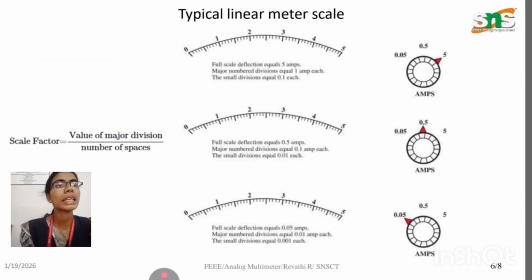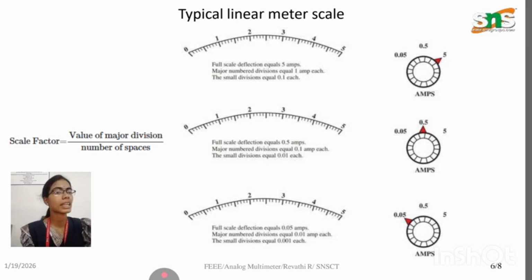A typical linear meter scale employed for adjustment of the multimeter is 0.5 amps, where the scale factor is the value of the major division divided by the number of spaces. With full scale deflection equal to 0.5 amps, the major division equals 0.1 amps each, and the small division equals 0.1 each. For the first scale, full scale deflection equals 5 amps.